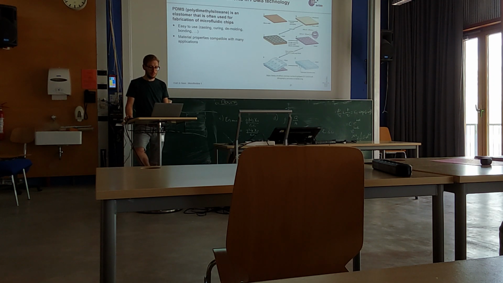and so on. And the basic process is that you microstructure a master. This can be done by milling or by soft lithography like imaged here. So you have some kind of master, and then you cast your PDMS on this master, and once that PDMS became solid, you can just demold it, and then you have microfluidic structures.